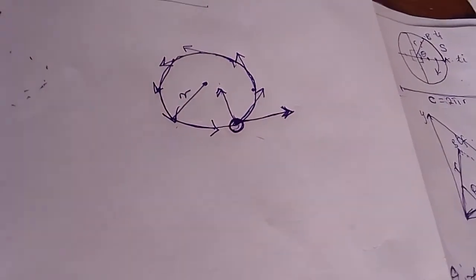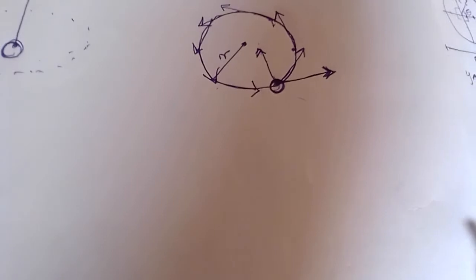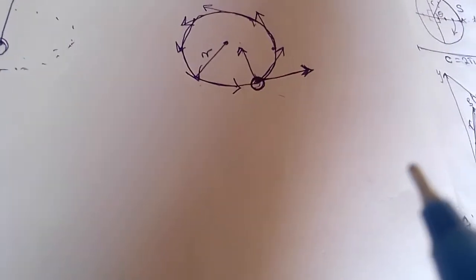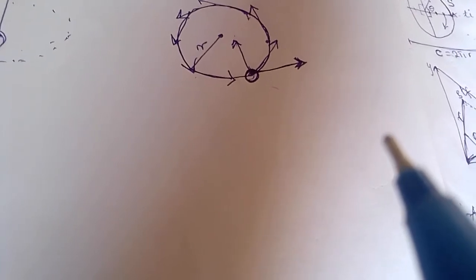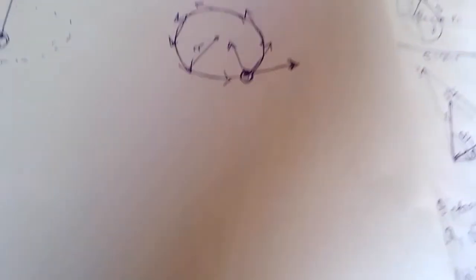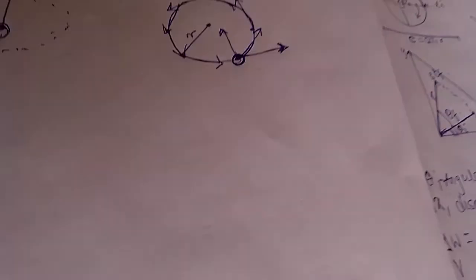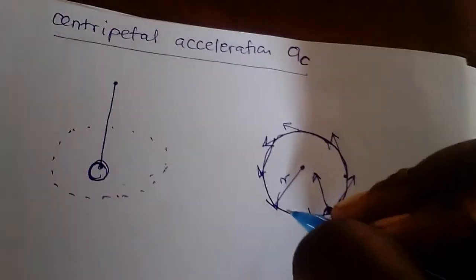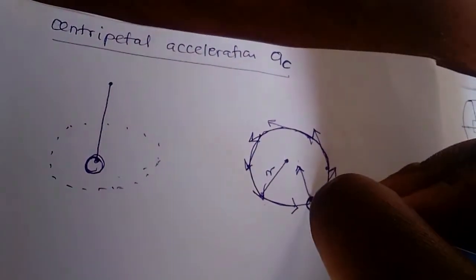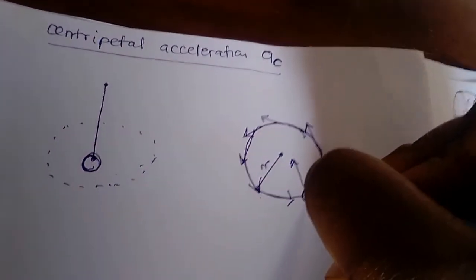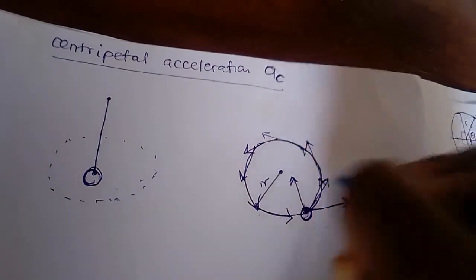Because this direction keeps changing, this change in velocity gives rise to an acceleration which is known as the centripetal acceleration of the mass. And this acceleration is directed towards the center, right? Because it is directed towards the center, it has a tendency to move in this path.